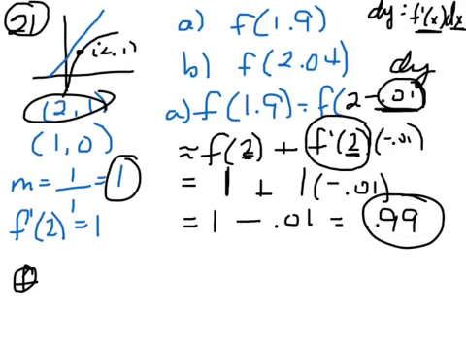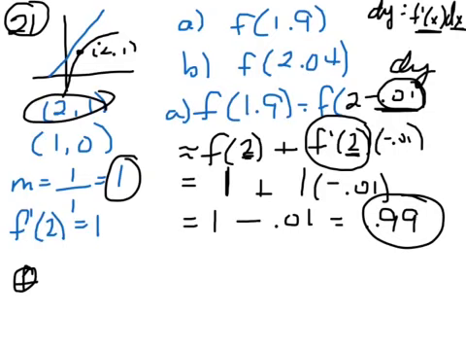Basically that is our dy, an estimation of our value there. That's not 0.99. Okay, I did this wrong. 1.9 would be 2 minus 0.1. I've got my decimal place in the wrong spot up here.